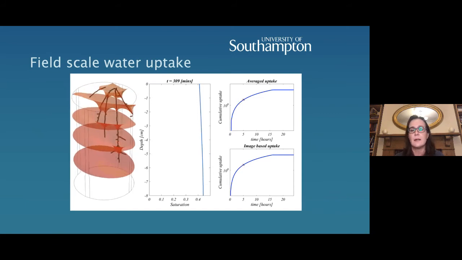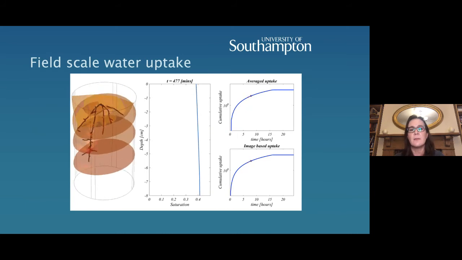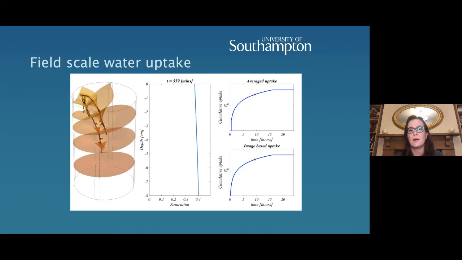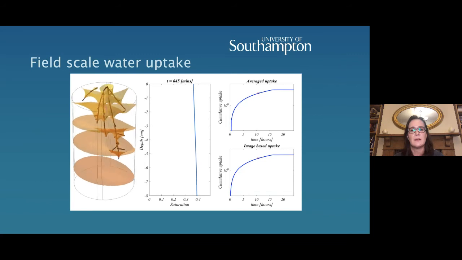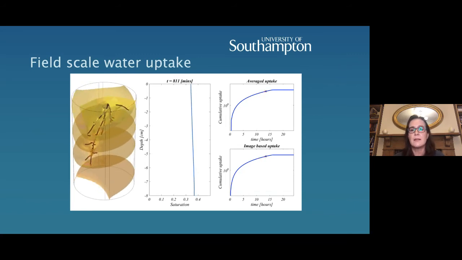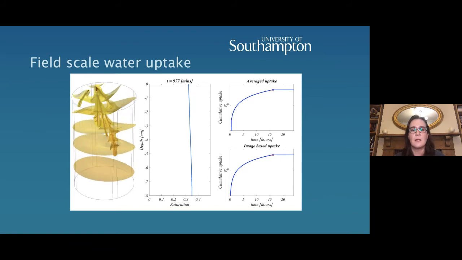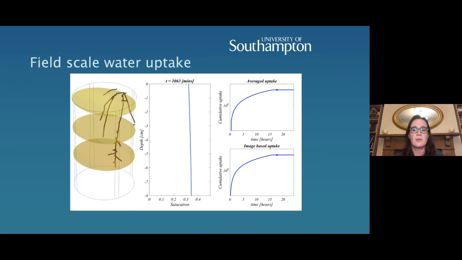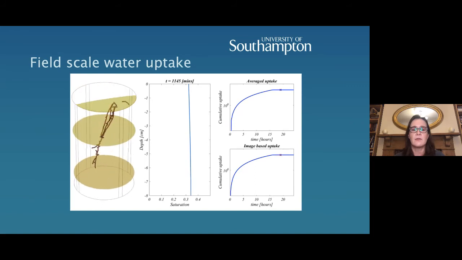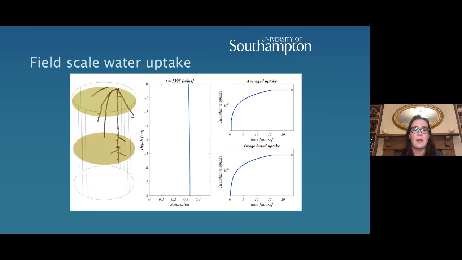And what you see here is that our multi-scale methodology actually agrees really well with the image-based modeling result. Now, the caveat is that our one-dimensional multi-scale model is very fast to run, so we can run lots of different scenarios, whereas the image-based model is very labor-intensive and takes lots of computation time.